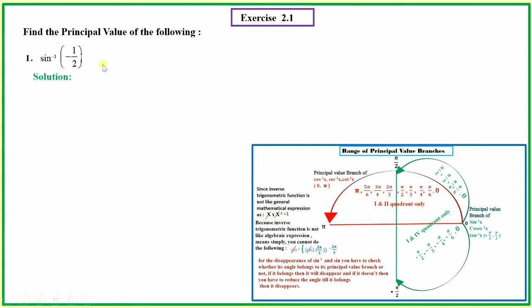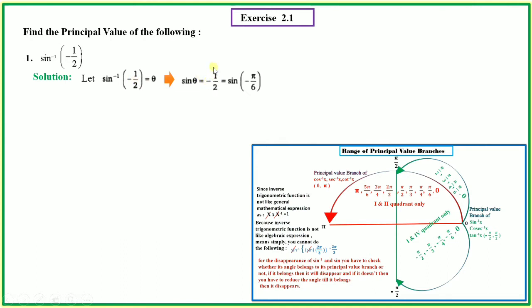For this, let us proceed to the solution. Let sine inverse minus 1 by 2 be equal to theta, so that this inverse function can be converted into a general trigonometric function. We take sine of both sides, and then the sine goes to the other side. So sine theta equals minus 1 by 2.